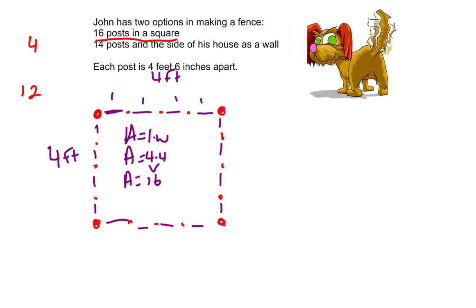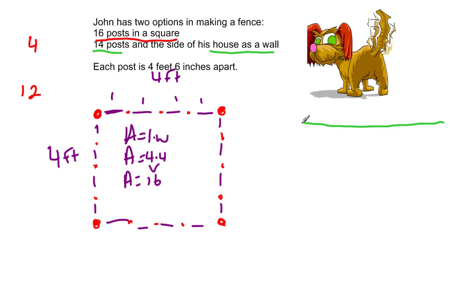So our second option, he only has 14 posts this time, but he gets to use his house as one of the walls. So you think of it, he's got his house, and he's going to build his doghouse right next to it. So we're going to call his house this line right here.